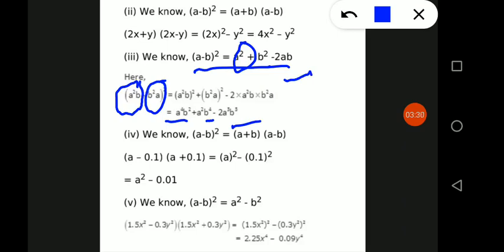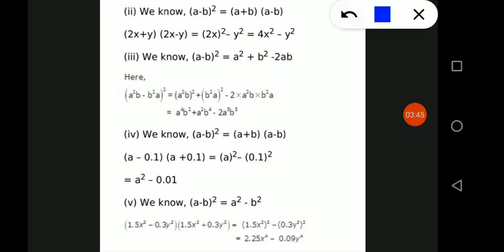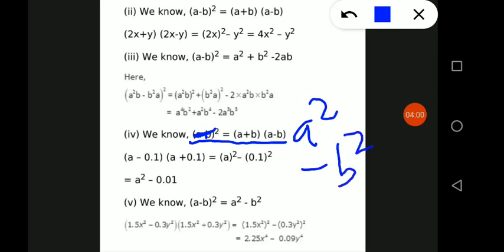So like this we have to solve these kinds of questions, taking into account which kind of identity we can use. If minus sign, we will use (a minus b) whole square. If plus sign, we will use (a plus b) whole square. And if plus and minus both signs are there, we will use a square minus b square.